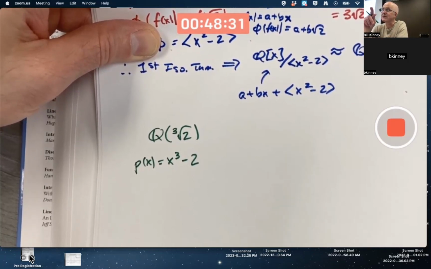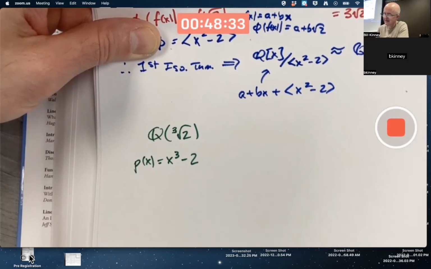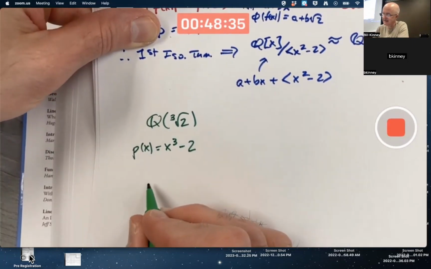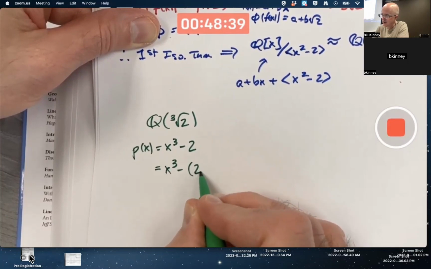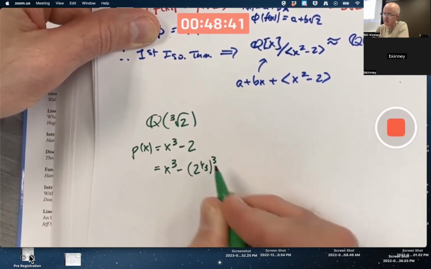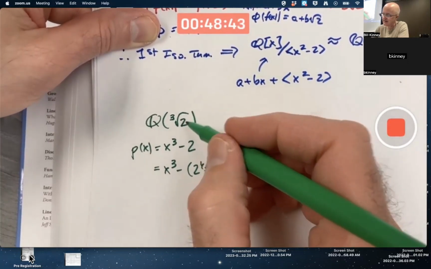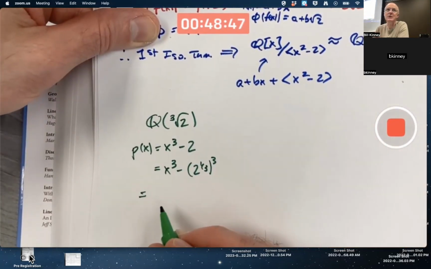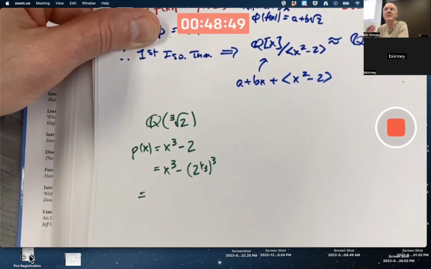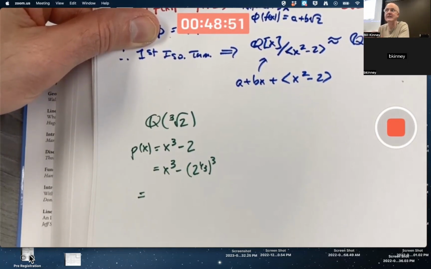It's reducible over the reals. In fact, you can factor it. If you think of it as X cubed minus 2 to the 1/3 cubed, yes, 2 to the 1/3 is the same as the cube root of 2. It's the difference of two cubes, and so you can factor it with the formula for how to factor the difference of any two cubes.